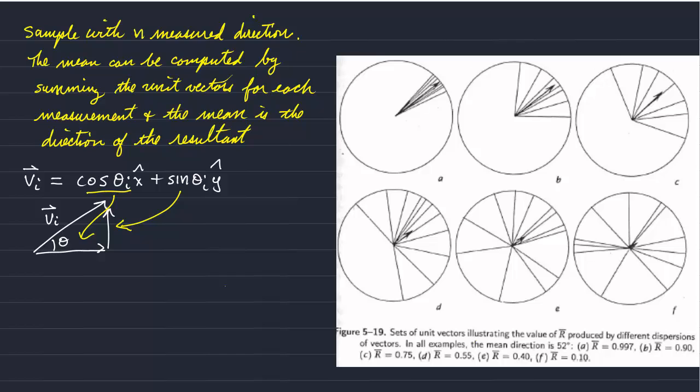Right? So the idea is to sum all of the unit vectors. So the x component of the resultant vector is simply the sum of all the cosines of each measurement. And the y component of the resultant is the sum of all the sines.